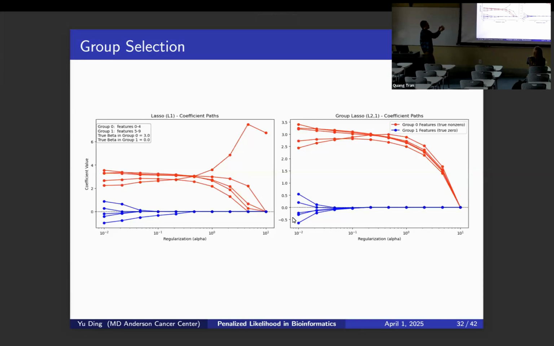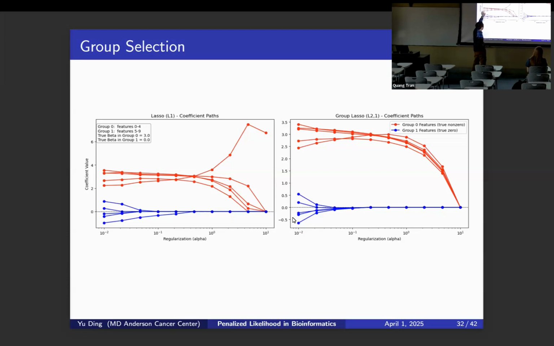Okay, so this is the effect coming from group selection. We can see without group selection, and only talking about lasso here, the different colors indicate different groups. The coefficients within different groups will behave differently. For example, among this group, this one will become the last one to become 0.